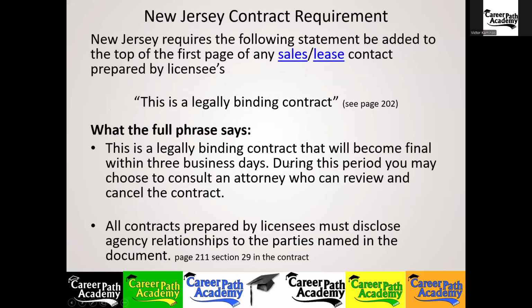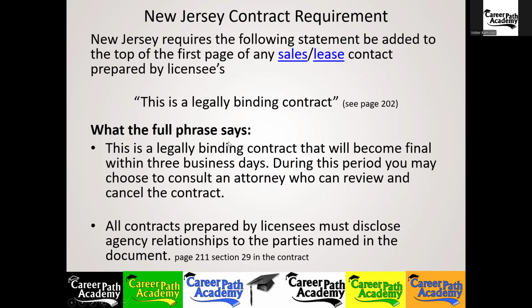And then New Jersey contracts for sale or lease, contracts for residential property can be prepared by licensees. But they should have the words at the top of the first page of the contract that says, this is a legally binding contract.